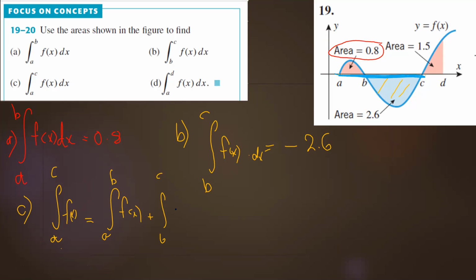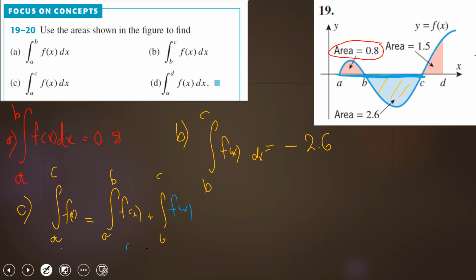So from A to B is 0.8, and from B to C is negative 2.6. Then by adding them, we will find that the answer is negative 1.8.